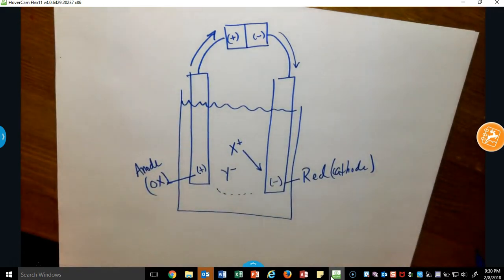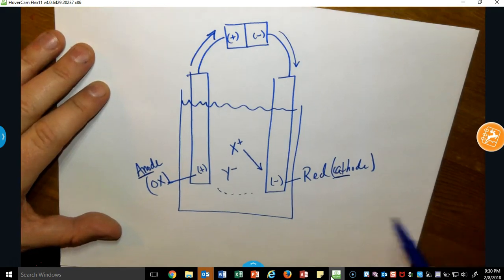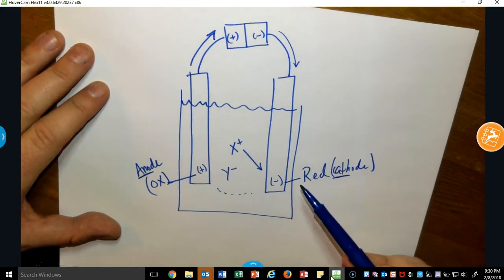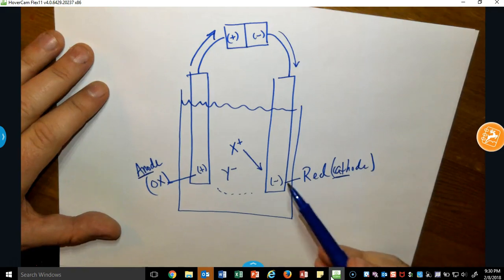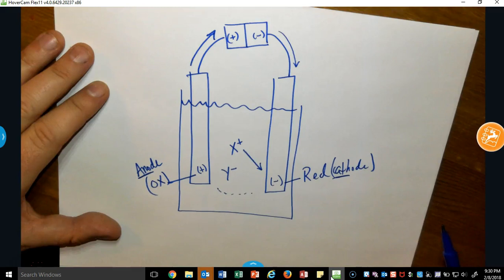And this is why I refer to the electrolytic cell as the bizarro world. Because in the real world, we know that things that begin with cat are positive and things that begin with an are negative. But in the bizarro world of the electrolytic cell, our cathode is actually the negative electrode and the anode is the positive electrode.